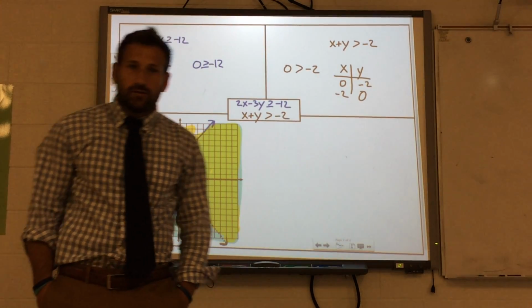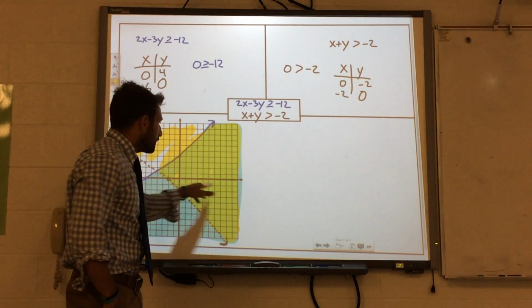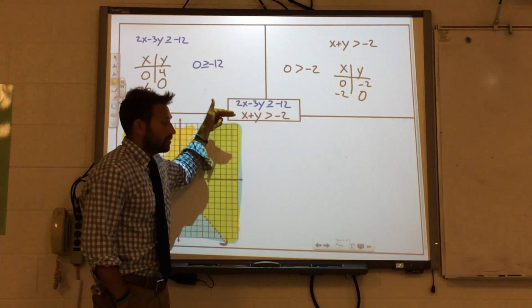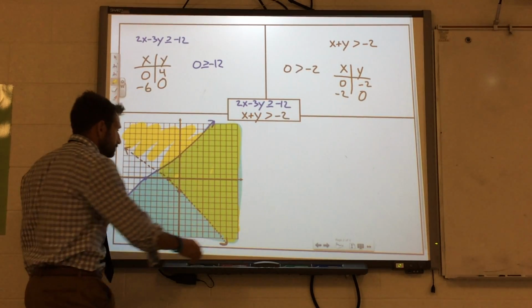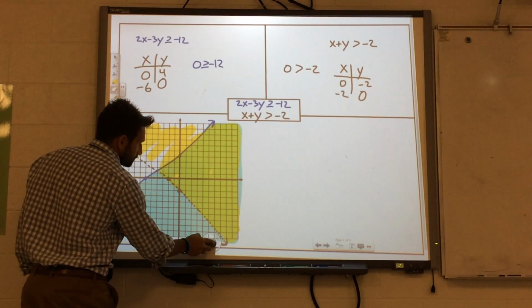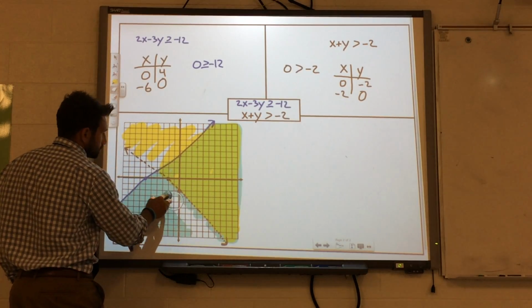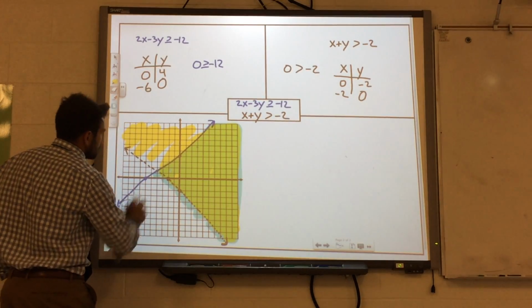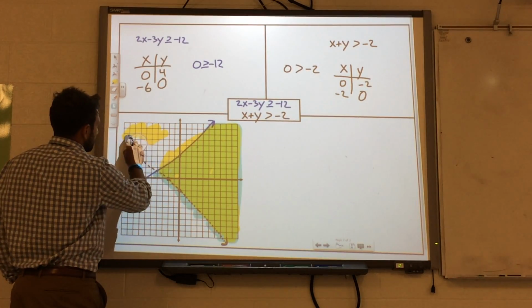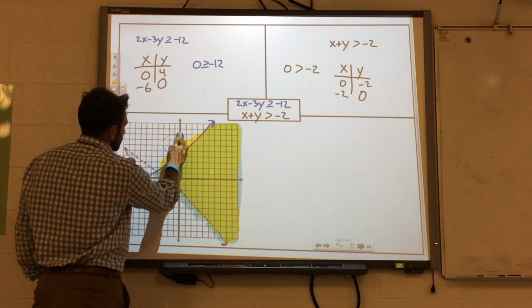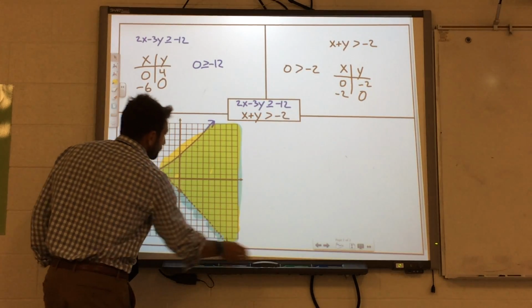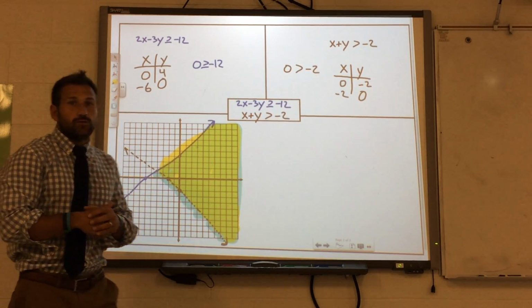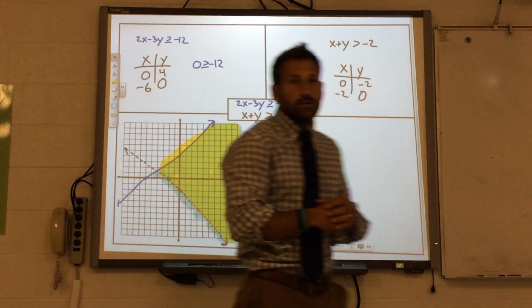It satisfies the system. Okay? Any coordinate you pick in here will satisfy both the blue and the black. Just erase this. And we're done. That's how you graph a system of linear inequalities in two variables.